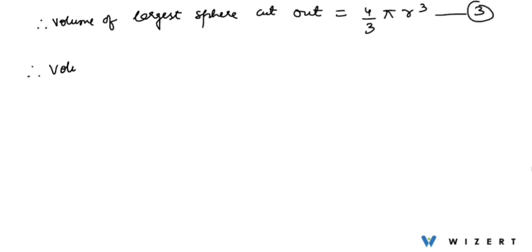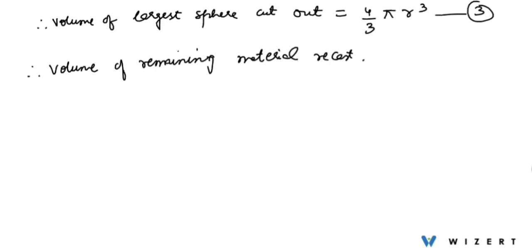Now we have to find the volume of the remaining material recast to form a sphere, and this sphere is S1 we have assumed.